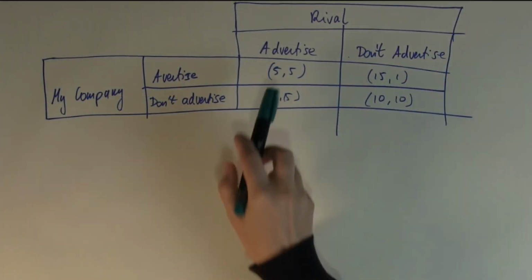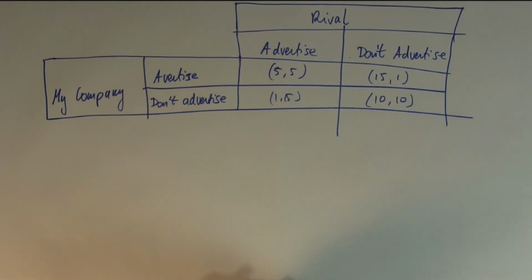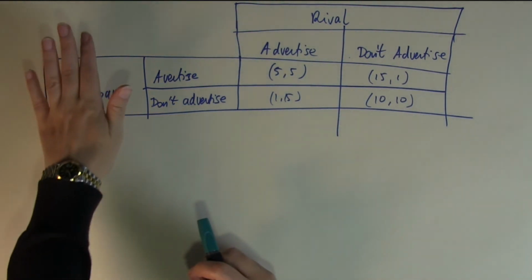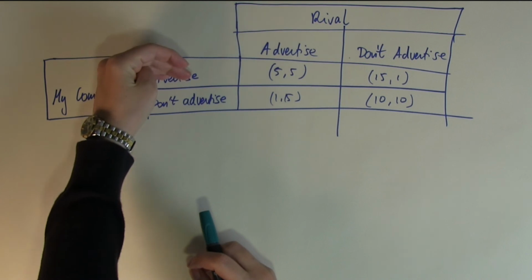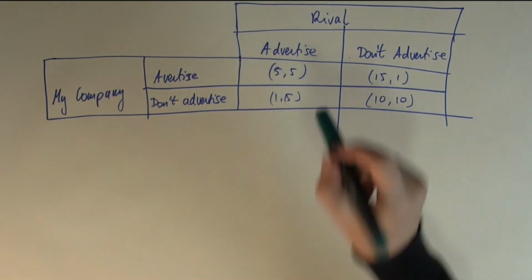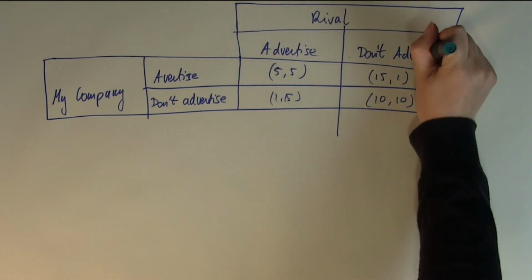Now, as you can see in here, there are number pairs. These numbers are the so-called ordered pairs, which I already mentioned at the very beginning of this video. How to read this table? This is me, this is my company, and I can either advertise or not advertise. And this is the rival, and the rival can again advertise or not advertise.